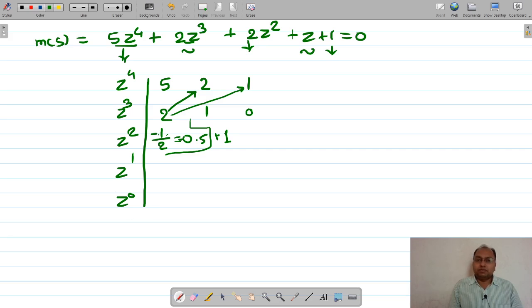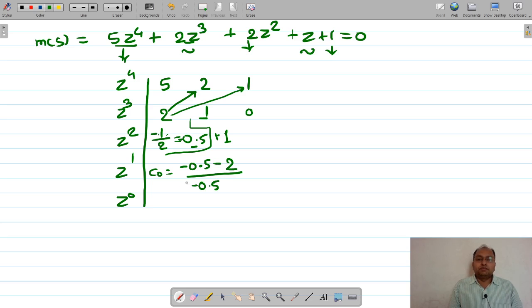Now let us compute the C0 value. How to compute it? Minus 0.5 multiplied with 1 minus 2 into 1, divided by minus 0.5. So minus 0.5 multiplied with 1 is going to become 0.5 only, minus 2 divided by minus 0.5.